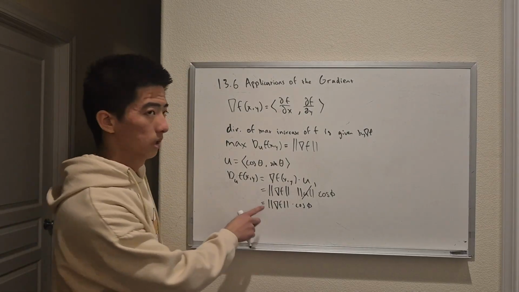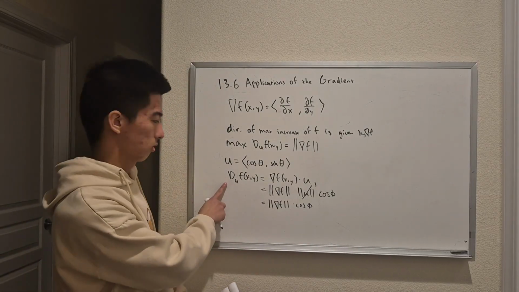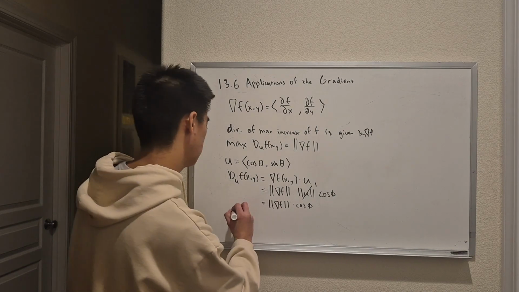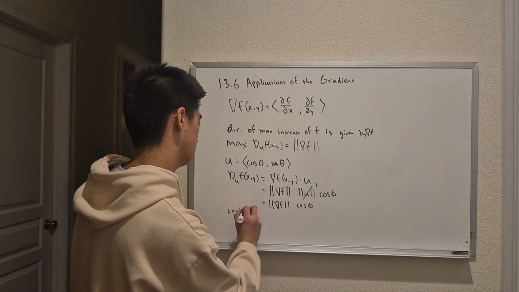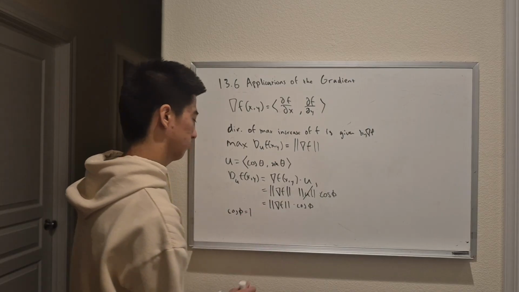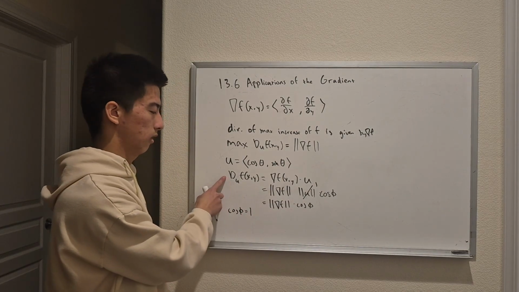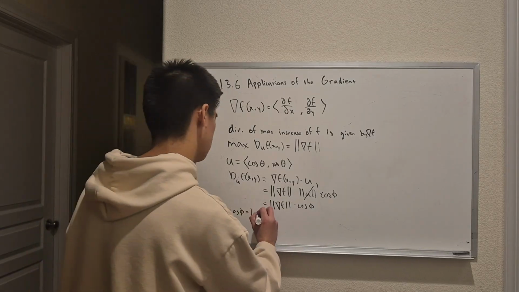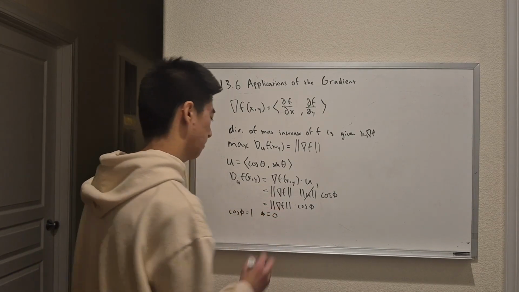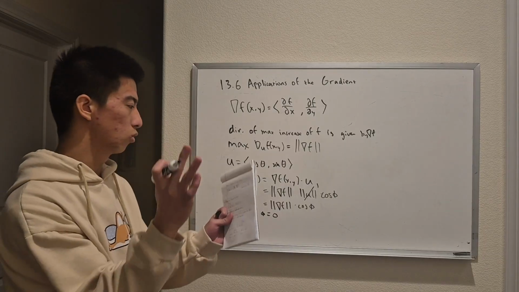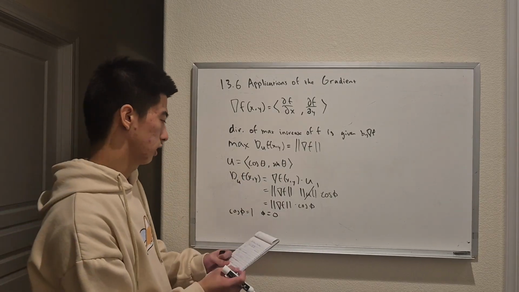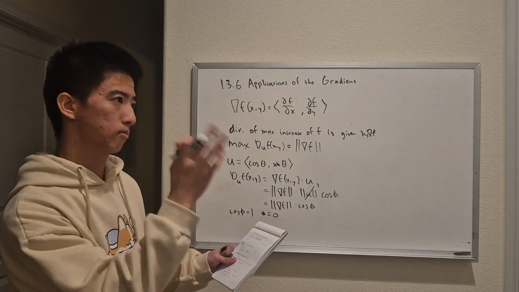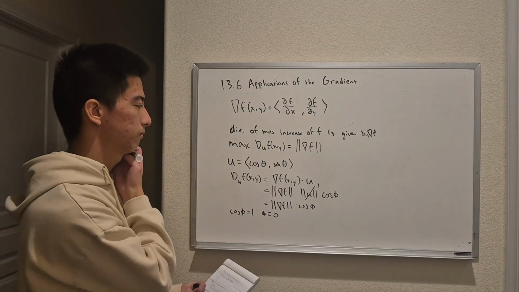Now, if we want the maximum value of our directional derivative, that's when cosine phi is equal to 1. So our maximum value is just the magnitude of the gradient. And if cosine phi is equal to 1, that means phi is equal to 0. So the angle between u and our gradient is 0, which indicates that u is pointing in the same direction as the gradient.